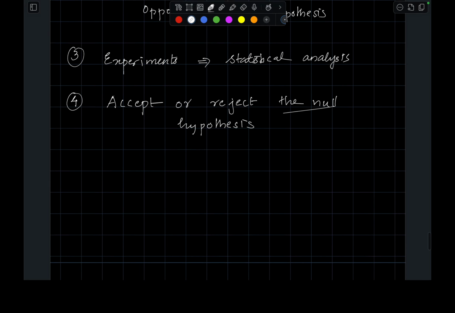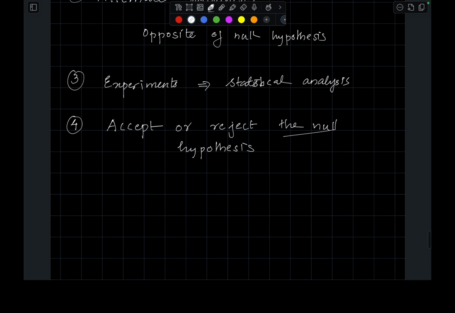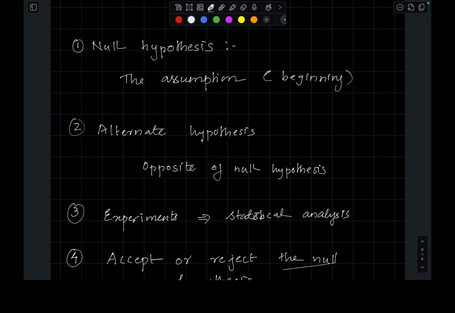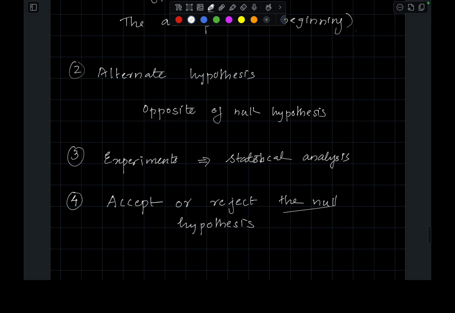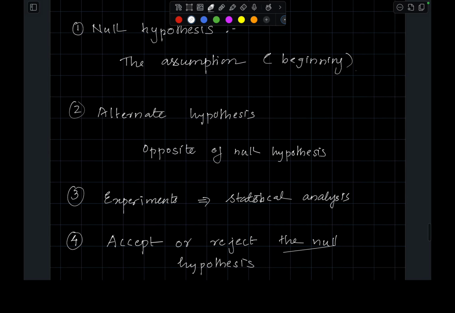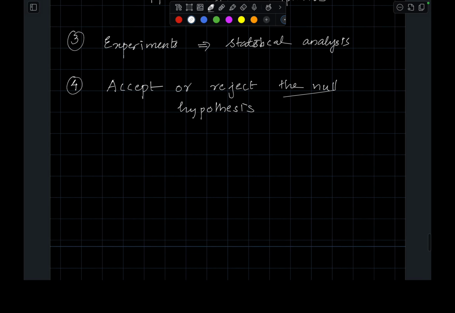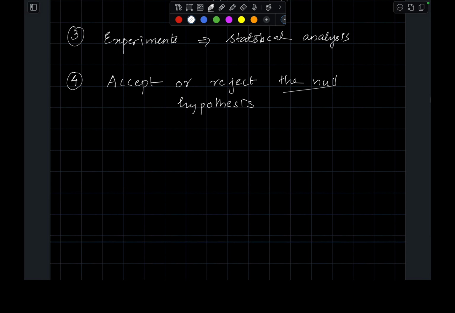I guess till now it's clear. These steps will be more clear when we do some problems. It's not much complicated. So maybe let's consider a very small example.